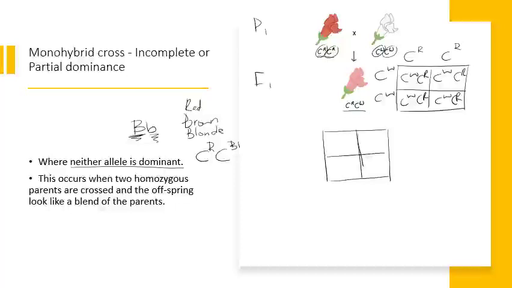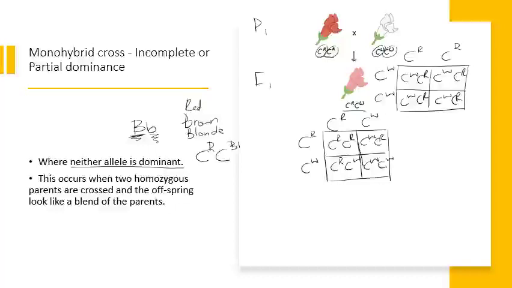Okay, so here we have our color red and our color white, the gametes of one of these self-pollinating itself, so its gametes will be exactly the same, and we do our genetic cross. Bring the CR down, bring the CW down, take the CR across, and take the CW across.